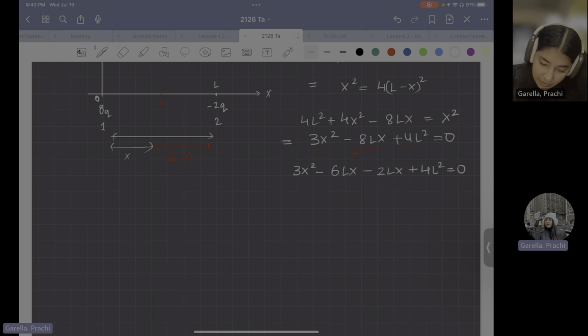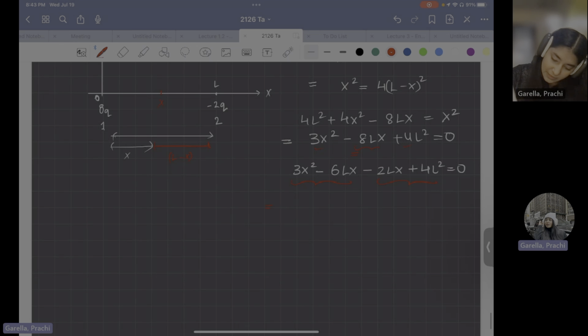Now, just consider the first part, and consider this separately. What we can take out common is 3x. This becomes x minus 2L, right? And for this, we take out minus 2L, so this becomes x minus 2L.